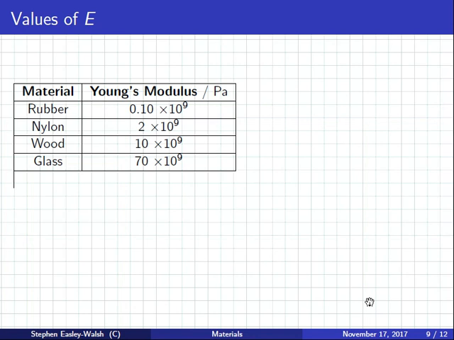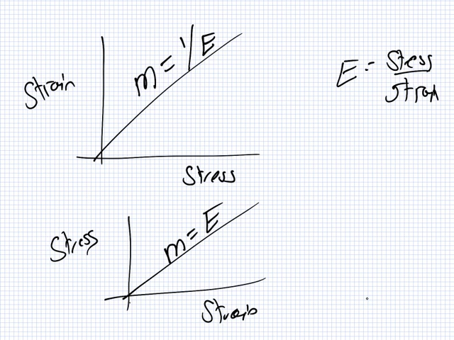I think I said something wrong to you earlier. I said the bigger the E, the stretchier it is. That's not really the right word. Stretchy isn't even a real word anyways. Stiffness. I need an English word that describes that it's difficult to stretch something.